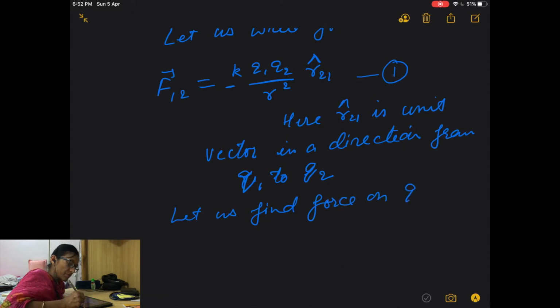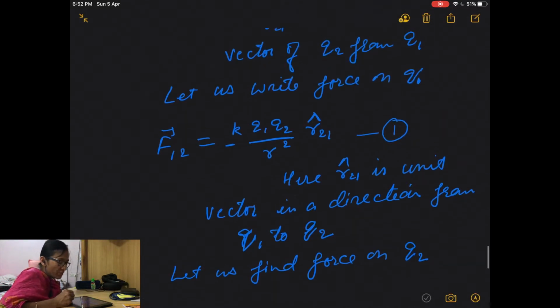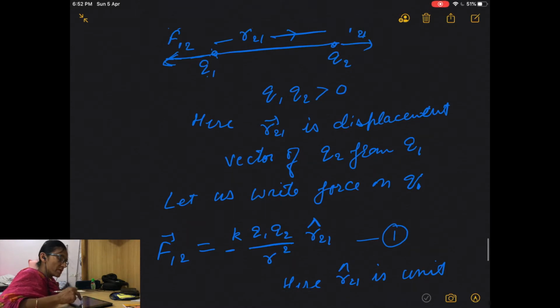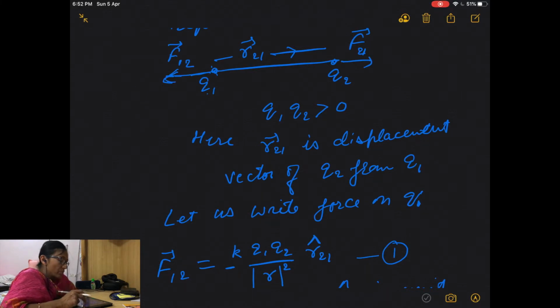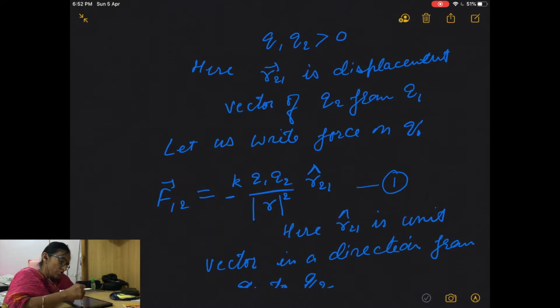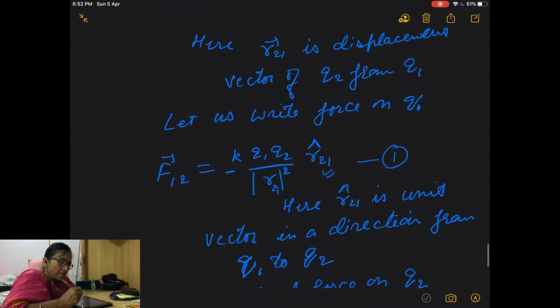One more thing: this is the magnitude of displacement, squared. So the magnitude can be either magnitude of R21 or magnitude of R12. Anything we can write. Here I am writing R21, as I have already used R21.